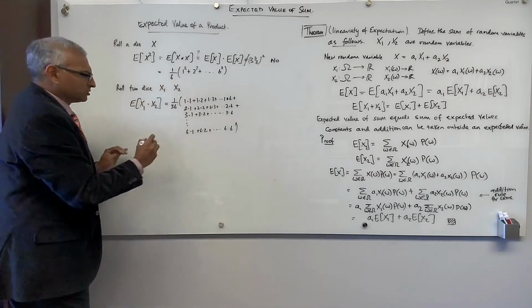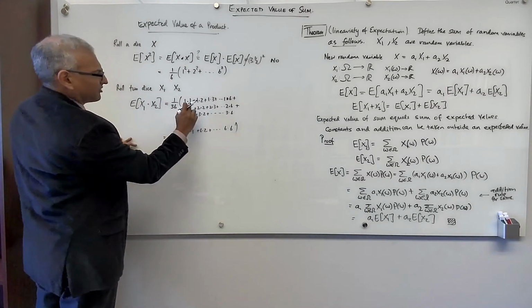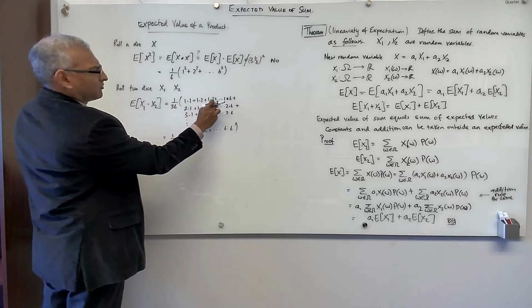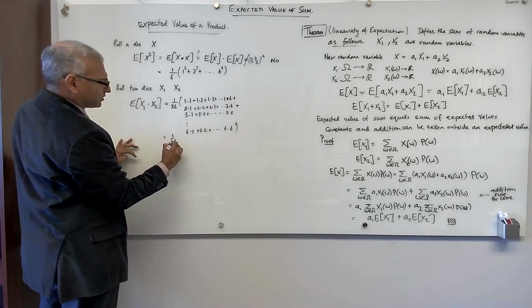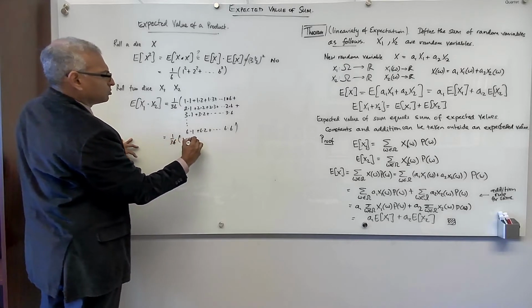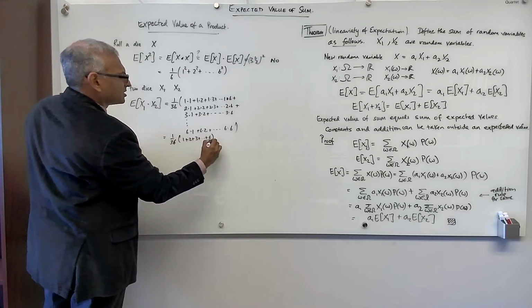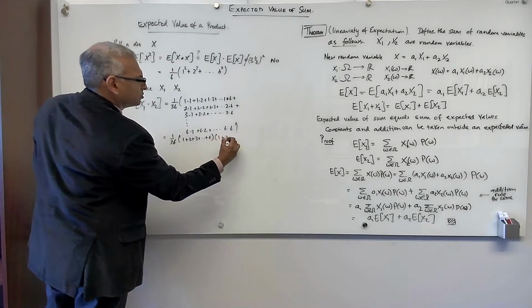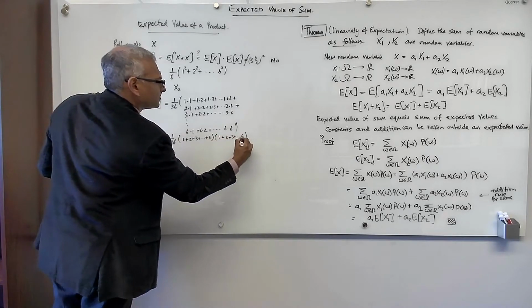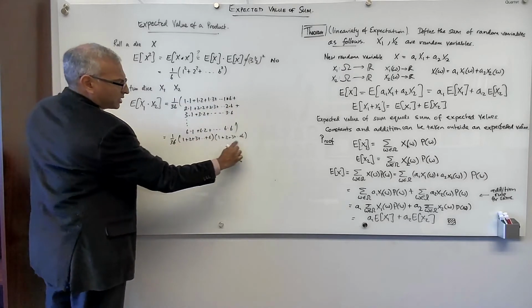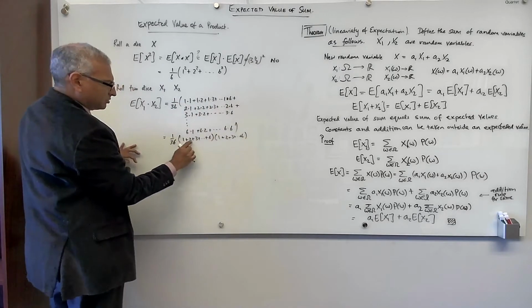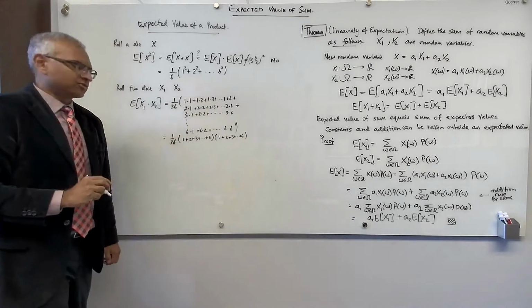And if you compute this, you'll see that this is 1 over 36. I can factor out the 1, 2, 3, 4, and so on up to 6, and I get 1, 2, 3, 4, and so on up to 6. So this is 1 over 36 times 1 plus 2 plus 3 plus up to 6, times 1 plus 2 plus 3 plus up to 6. Because I have 1 times 1 up to 6, 2 times 1 up to 6, and so on. So you can work out this algebra.